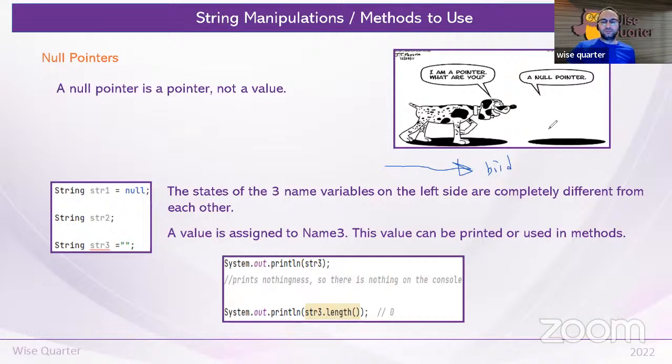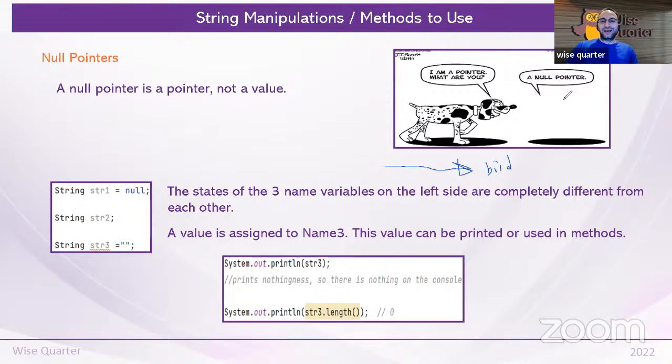But this one is a null pointer. It means it's a pointer, but it points to nothing. Yes, if you want to say that, yes, I know there might be a pointer here. Don't worry, I know, but there is nothing right now.